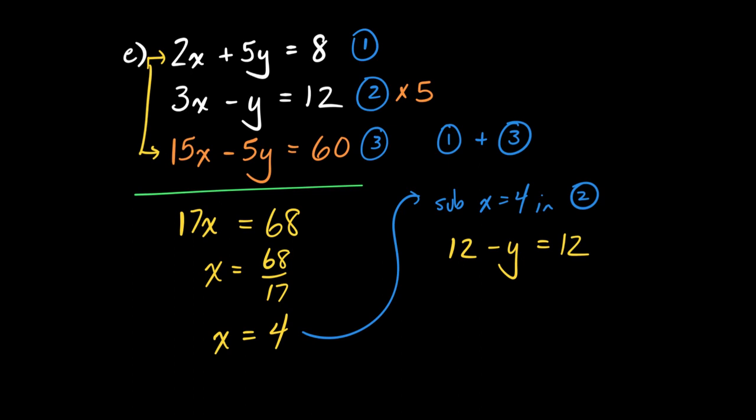Well, pretty quickly, when I get my 12 minus 12, I'm going to get a y value of 0. And therefore, I have my final solution. There is an x value of 4 and a y value of 0. Nice. Okay, hopefully we matched up and you were feeling much more confident in using elimination to go through and solve. Okay, here comes another one.